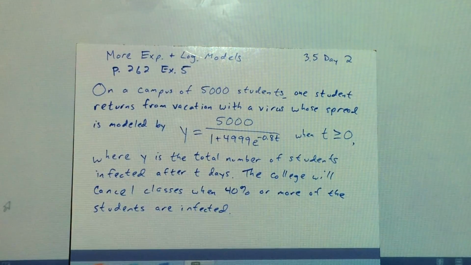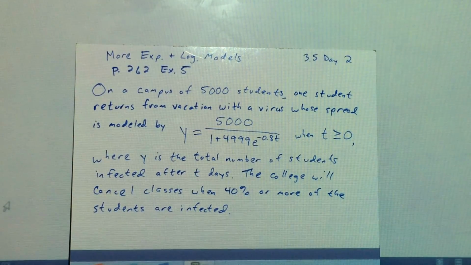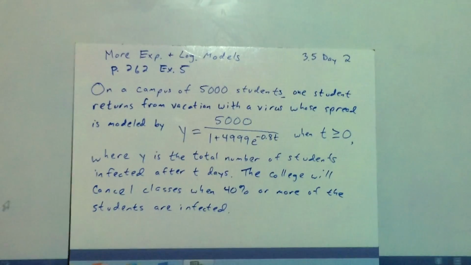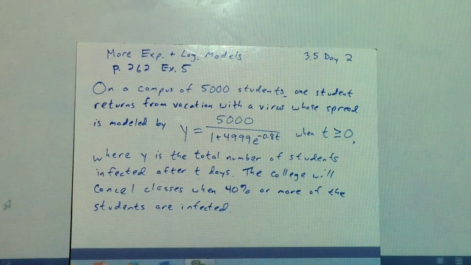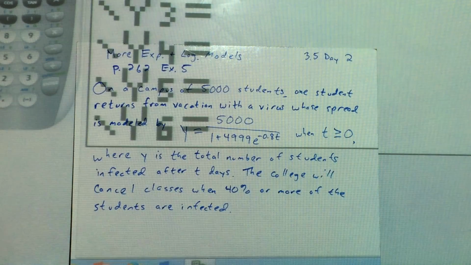So we're going to do all of this with the calculator. So the first thing I would recommend is going ahead and trying to graph that function in your calculator. And I've done that on my calculator as well. So you may want to pause here for a second if you need to look at that equation and get it into your calculator, because I'm going to go to my calculator now.